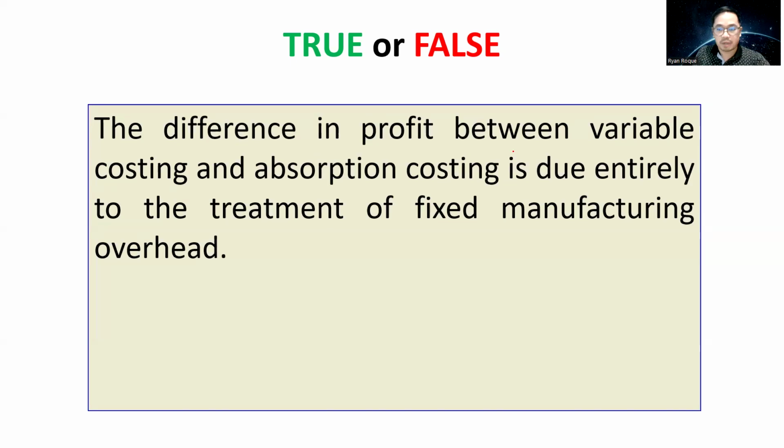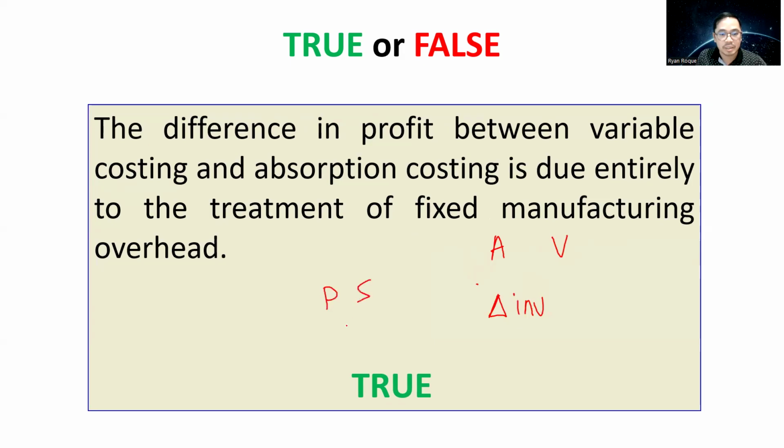So the difference in profit between variable costing and absorption costing is due entirely to the treatment of the fixed overhead. Okay, so what would be your answer? That is true. So when we are comparing absorption and variable costing profit, the only difference lies on the fixed overhead component. We just have to get the difference in the inventory.